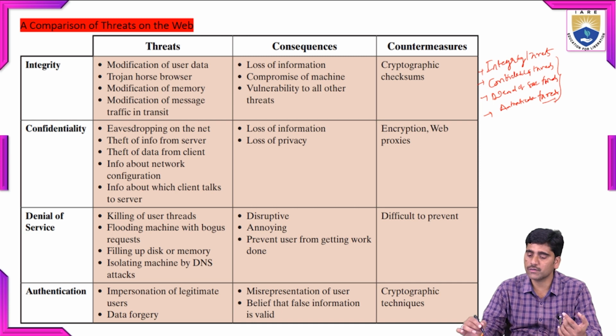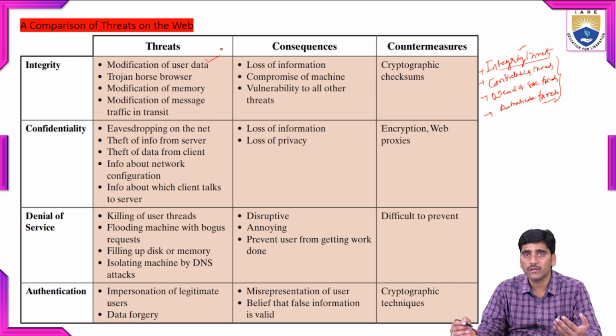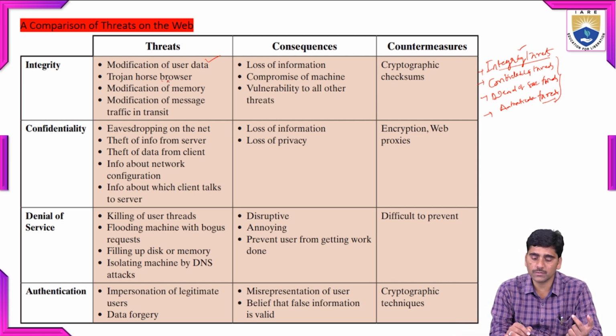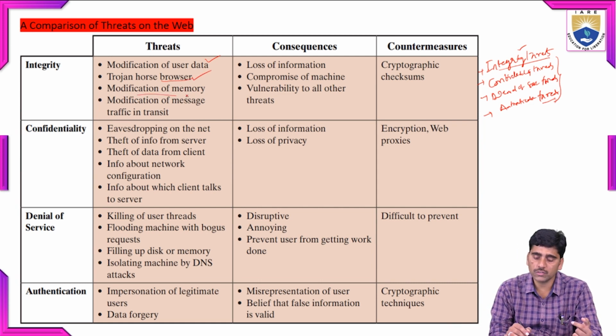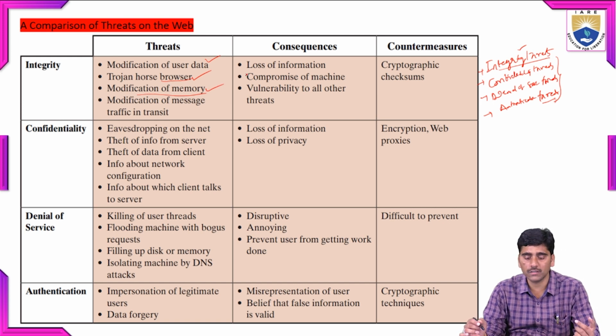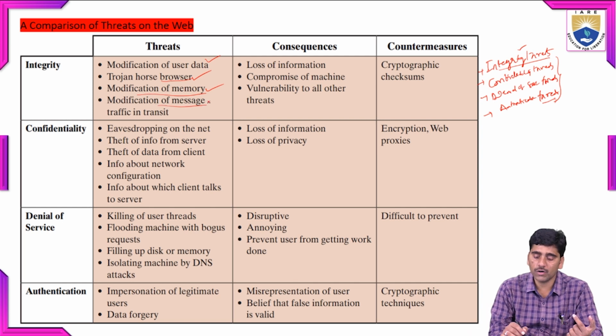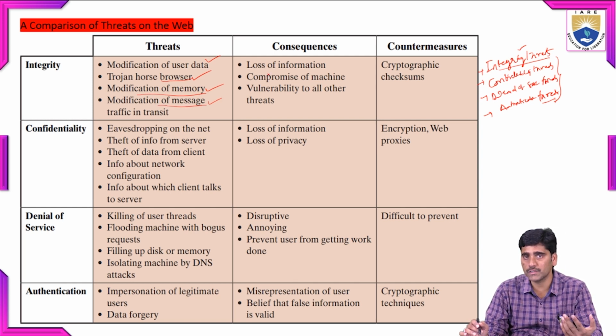So the first one is integrity threats. Integrity threats can involve modification of user data, and they use a Trojan horse browser. They do modification of memory, and also modification of message traffic in transit.